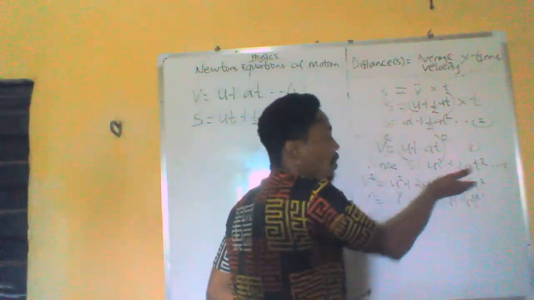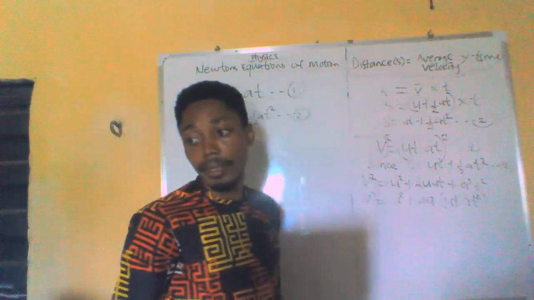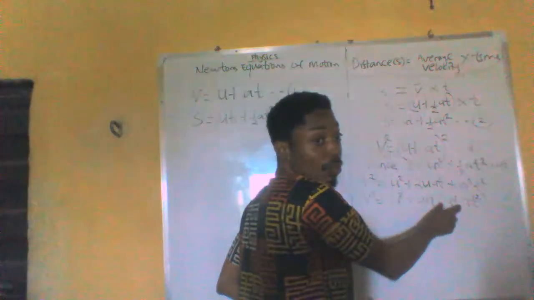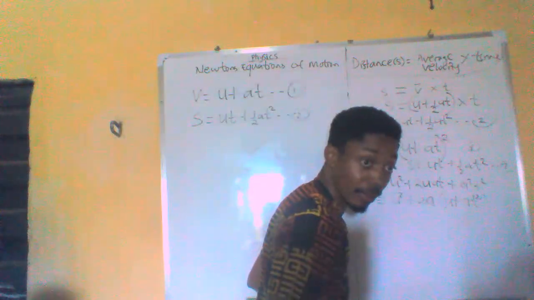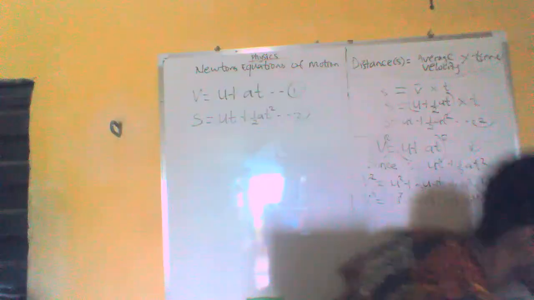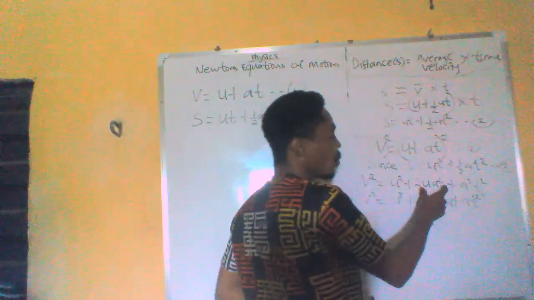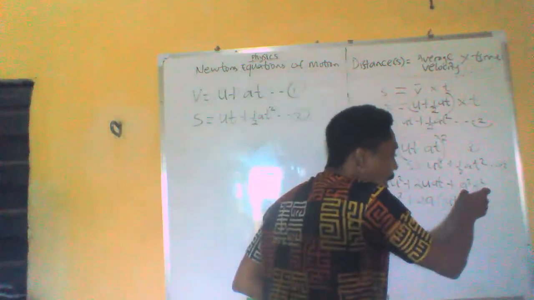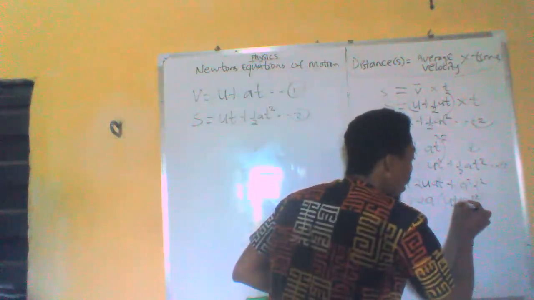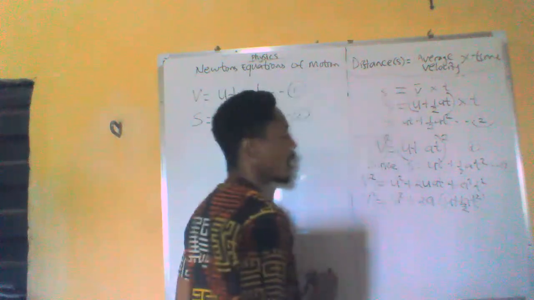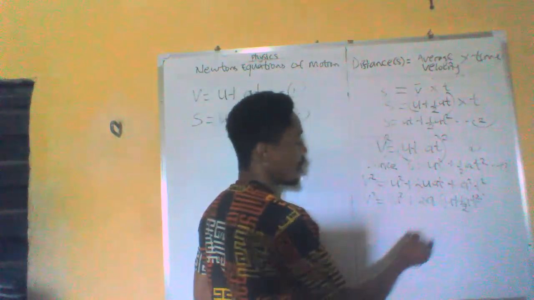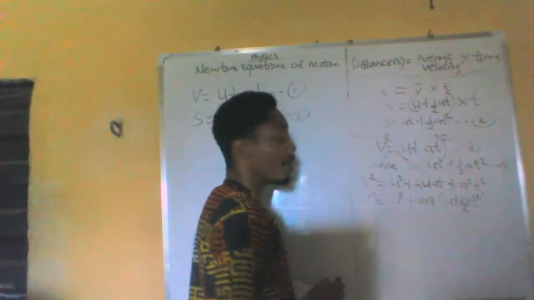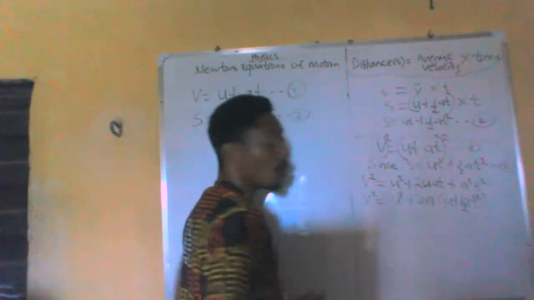If I open this bracket, I should have what is up here. 2A times UT is 2UAT. 2A times half AT squared is A squared T squared, so inside the bracket it has to be half AT squared. Such that 2A times half AT squared will just give us A squared T squared. So we are good to go now.